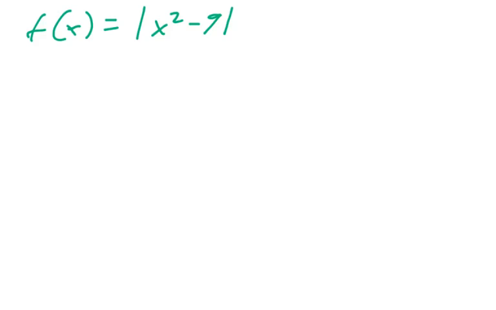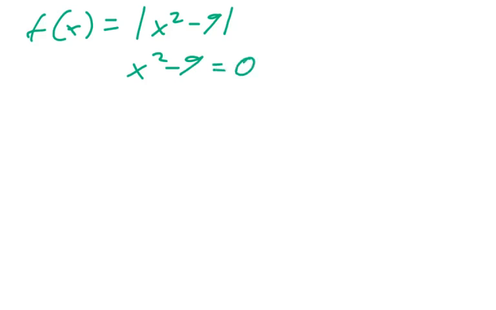For problem number 3, I know that this is going to have critical points whenever the absolute value is equal to 0. It also has a critical value when the inside is equal to 0, so when the derivative of the inside is equal to 0.